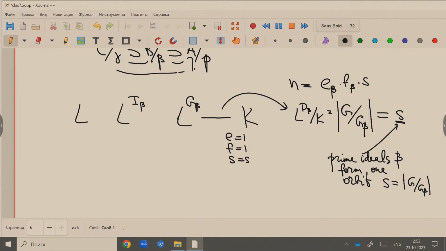And what about this extension? So how many ideals? So you can think just, already G fixes your ideal beta.